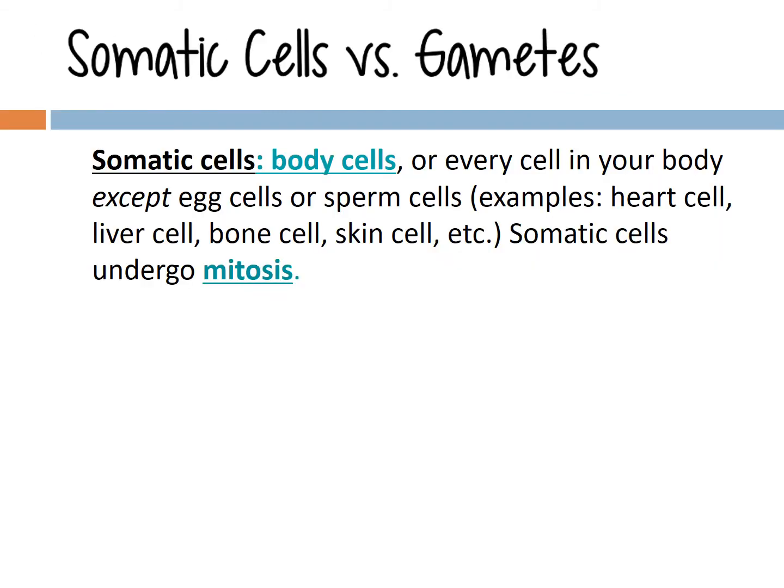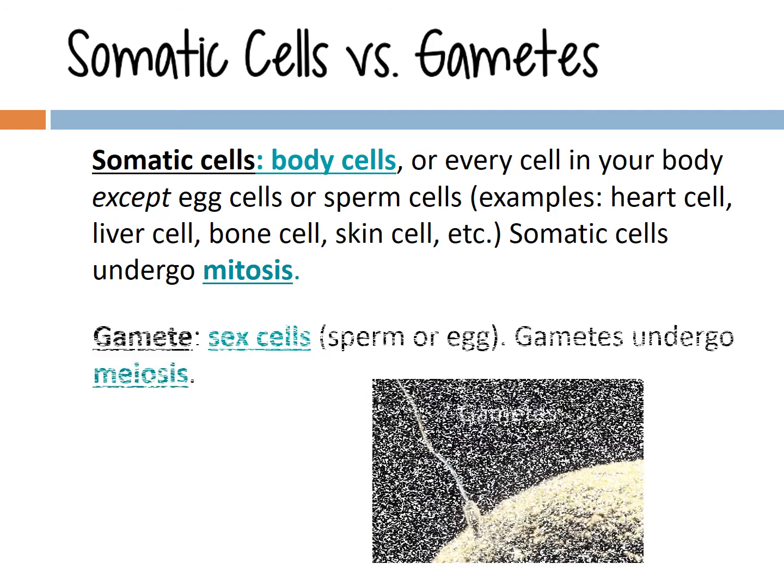All right, so let's talk about some really strange words. Somatic cells and gametes. So somatic cells are body cells. Every cell in your body, except the egg and the sperm, those are somatic or body cells. And all of those cells undergo mitosis. Every single one of them. Your heart, your liver, bone, skin. If it's not an egg cell or a sperm cell, it will go through mitosis because it is a body cell.